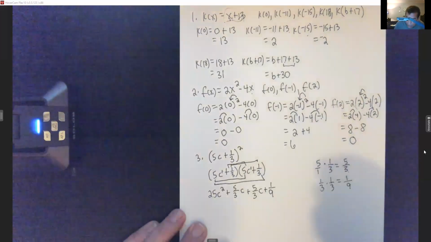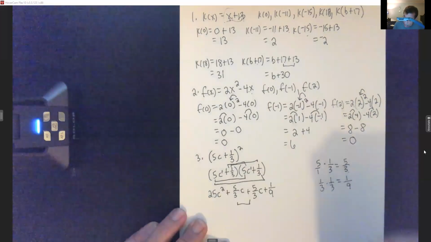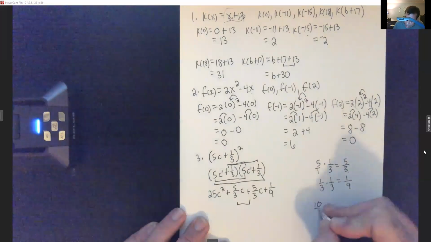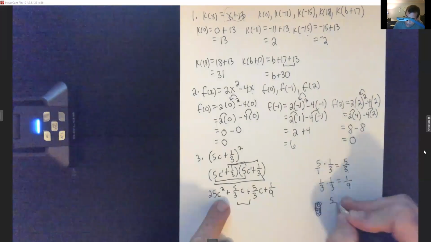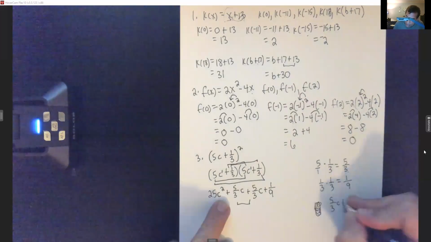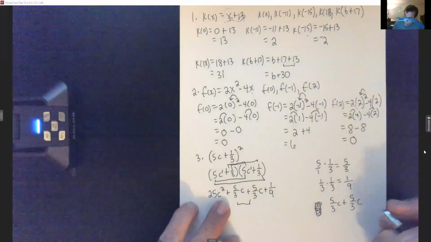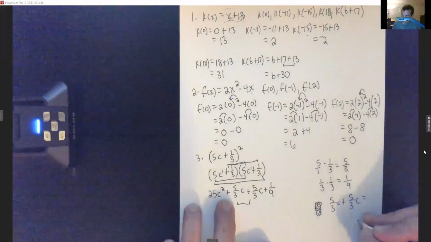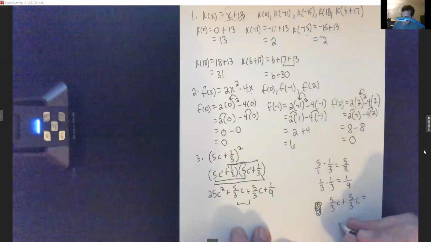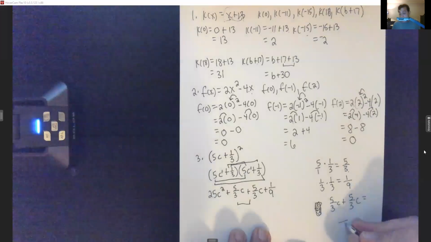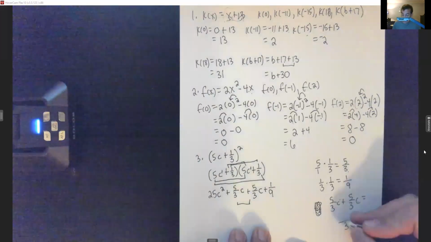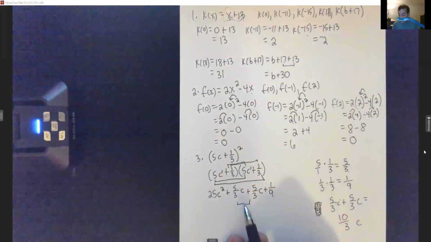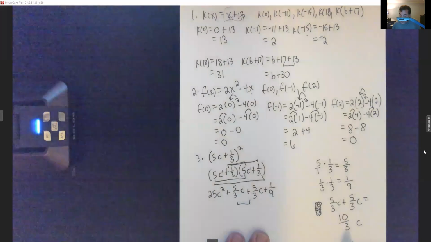Now the only other thing you can do is add those like terms. So remember, I got 5/3 c plus 5/3 c. So no matter what, that's going to end in a c. And remember, when you add fractions with a common denominator, the common denominator goes on the bottom, and then 5 plus 5 is 10. So when you add the 5/3 c to 5/3 c, we get a 10/3 c.